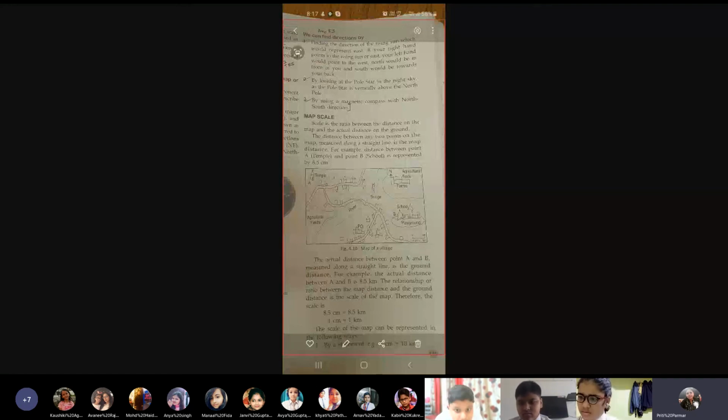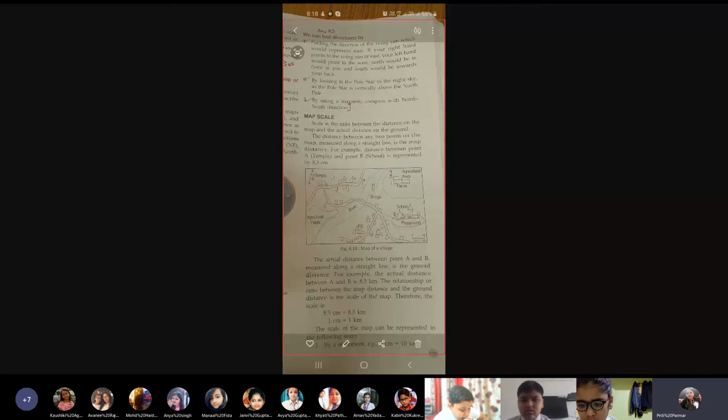If your right hand points to the rising sun or east, your left hand would point to the west. So now, first way of finding direction is that you stand in front of the sun and then whichever way the sun is rising, put your right hand towards that side and spread out. Now, when you spread your right hand towards the sun, that means your left hand would be facing the west.